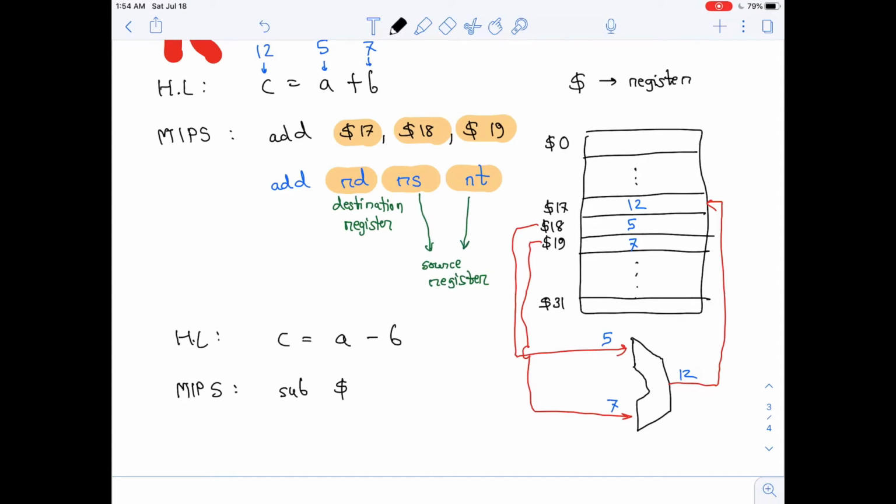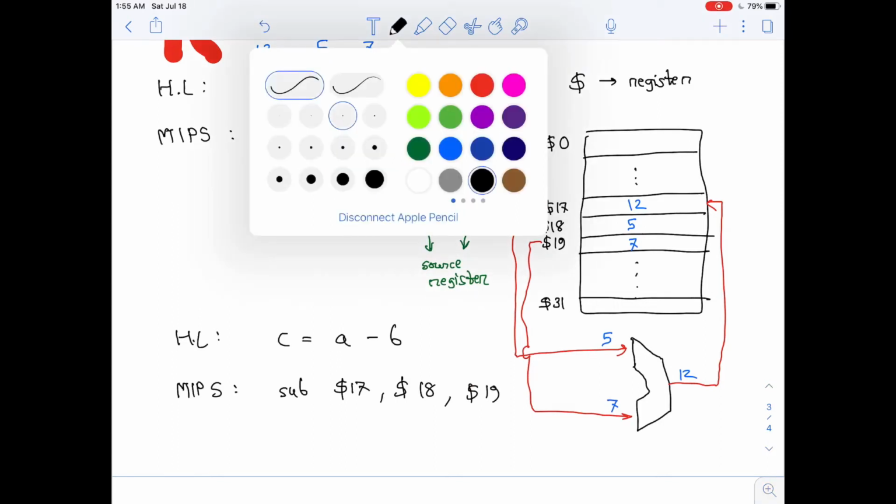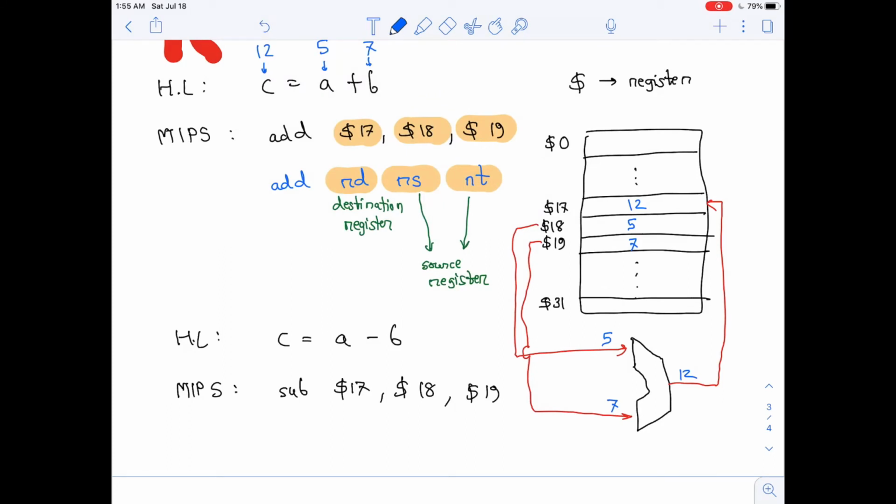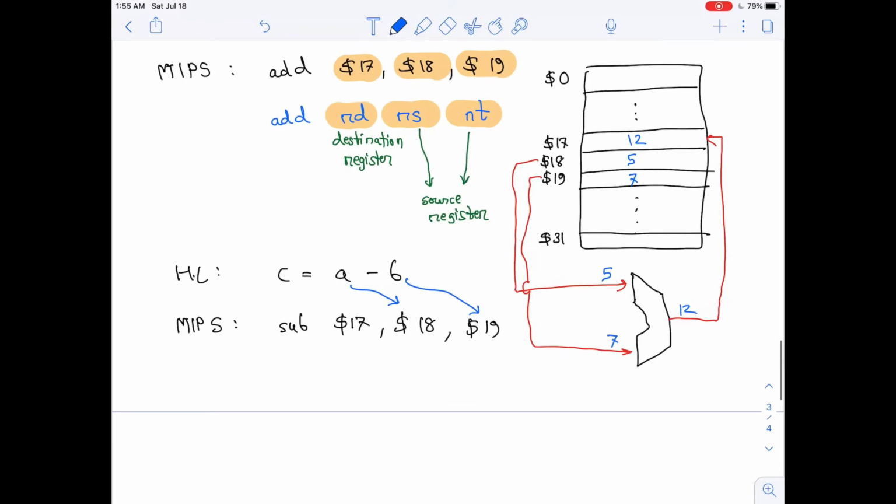Again, I'm going to assume that I want to store the result in $17, and $18 contains the value of A, and $19 contains the value of B. So assuming the value of A is in here and the value of B is in here, the translation for this code stores the value of $18 minus $19 to $17, and by dollar, as I mentioned previously, I'm talking about registers.